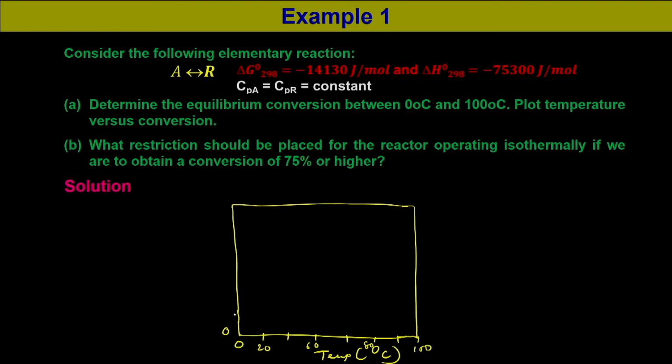Conversion is 0, then 0.2, 0.4, say 0.6, 0.8 and 1.